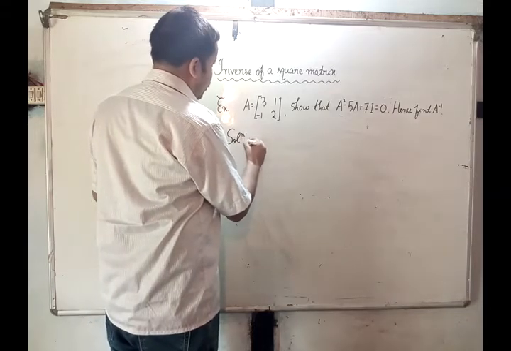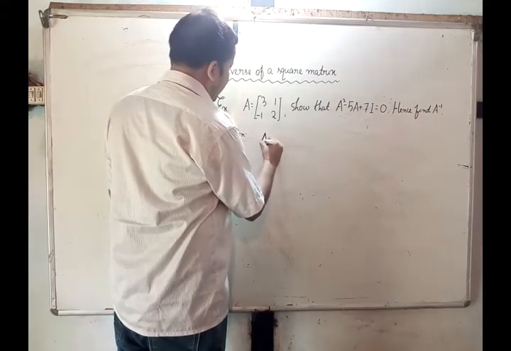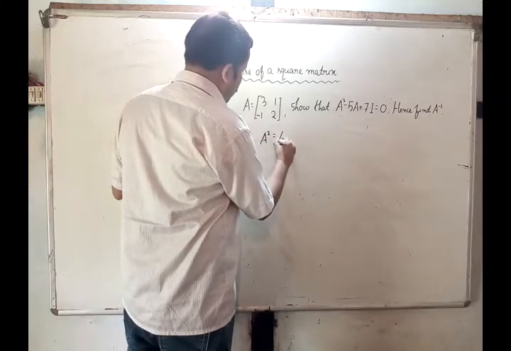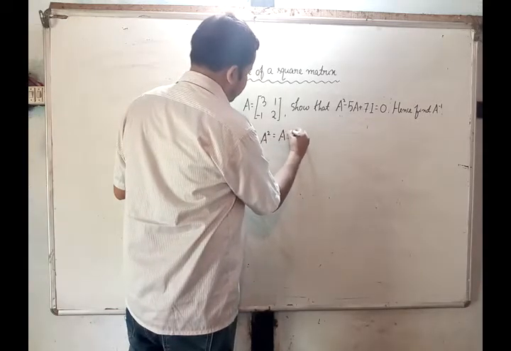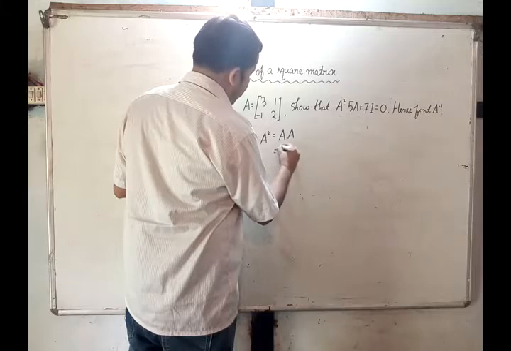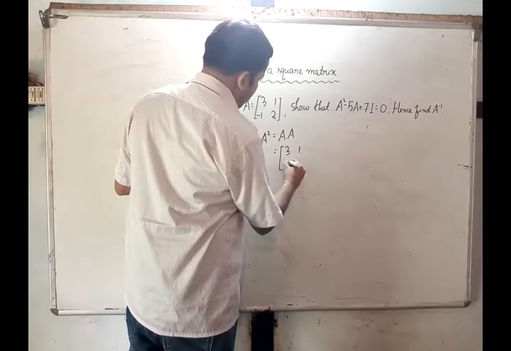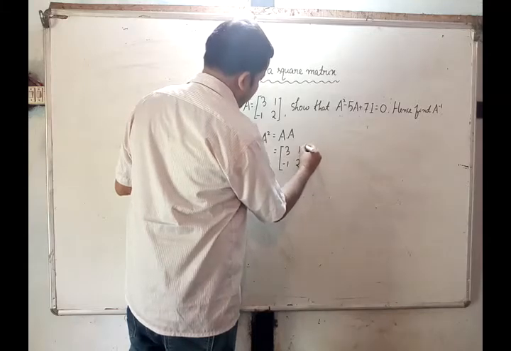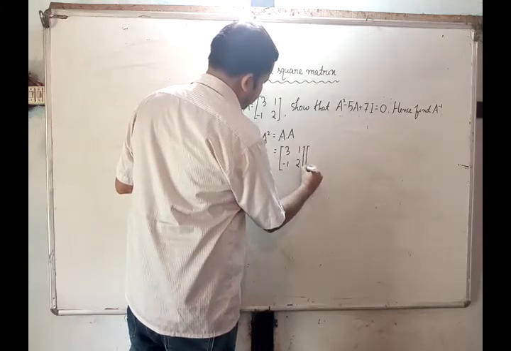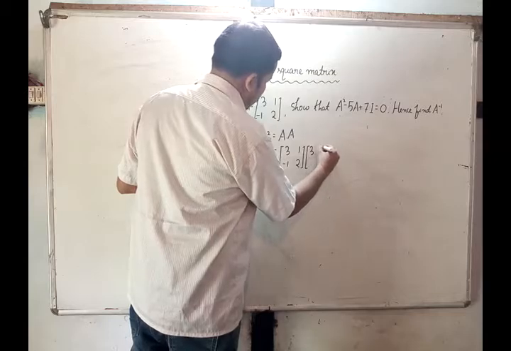First find A squared, which is A into A, that is 3, 1, minus 1, 2 into 3, 1, minus 1, 2.